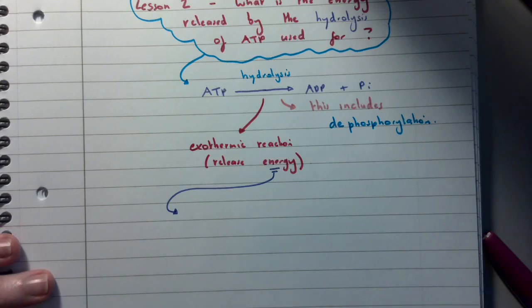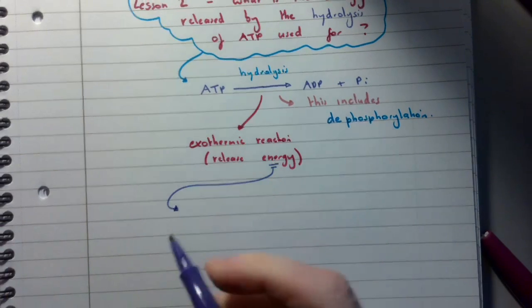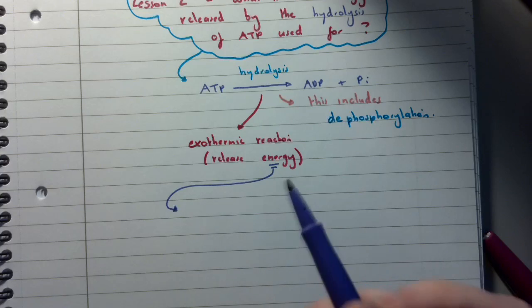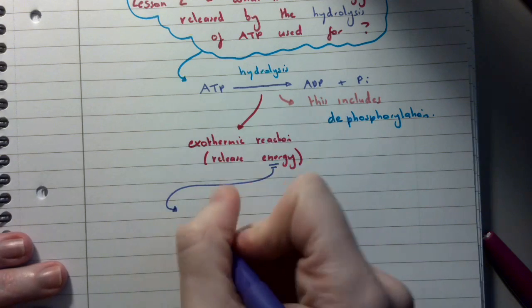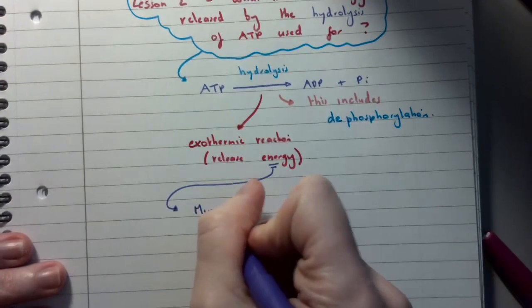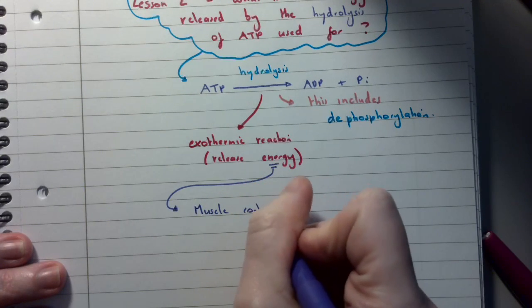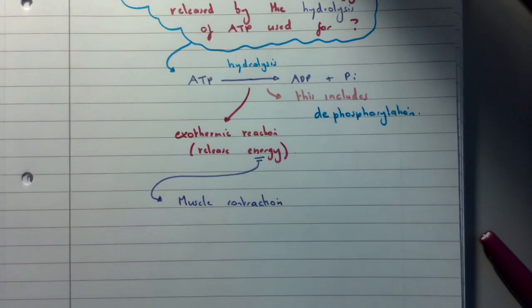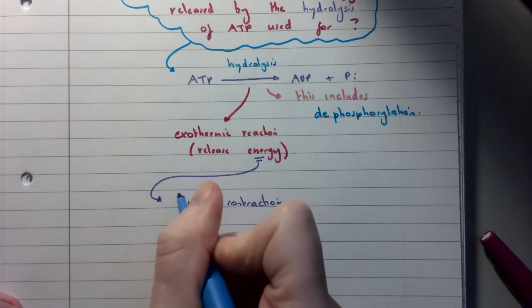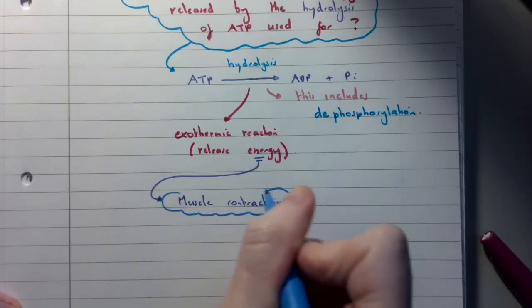So the first one is muscle contraction. Obviously some of these apply to animals, plants, all organisms basically, but some might only apply to animals. For example, the first one, muscle contraction. So muscle contraction is definitely one. And I'm going to give you 2 specific parts of muscle contraction that need energy.